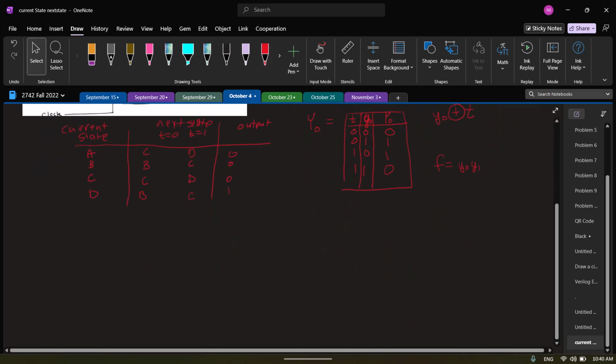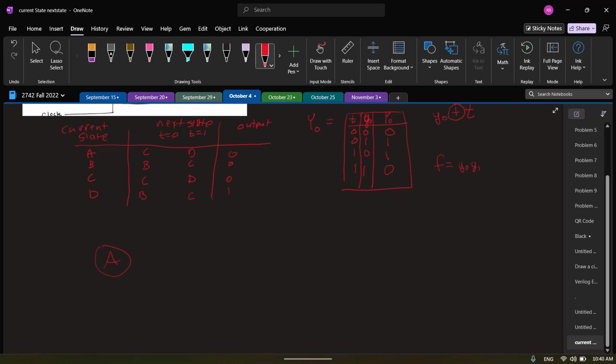Now, if I wanted to do a state diagram, I would have my states.